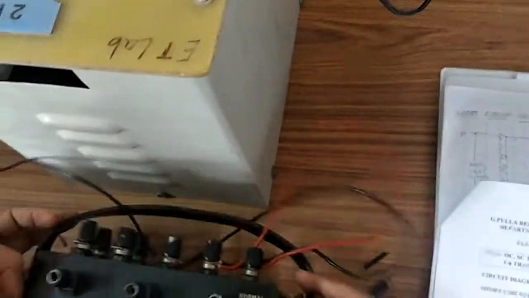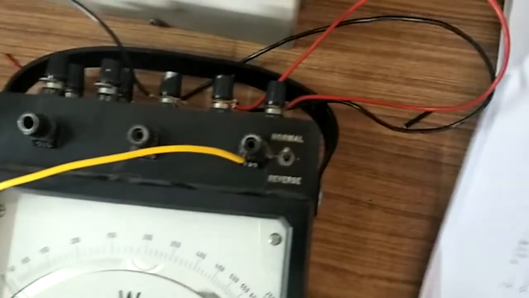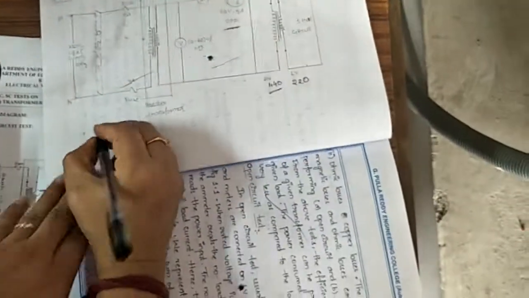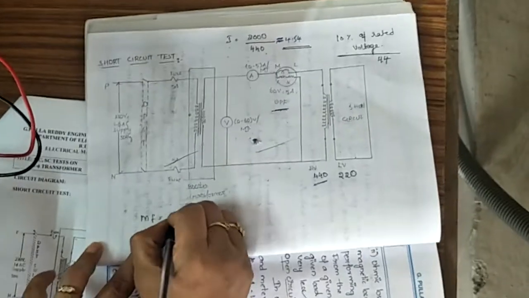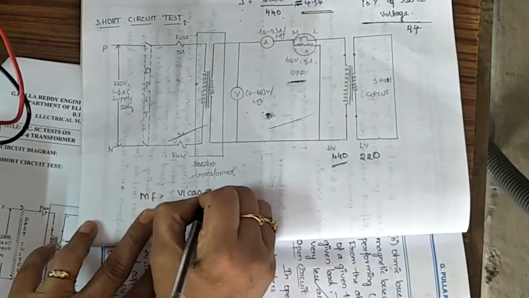In order to calculate the multiplication factor for the wattmeter, we know that it is V I cos phi by full scale deflection.